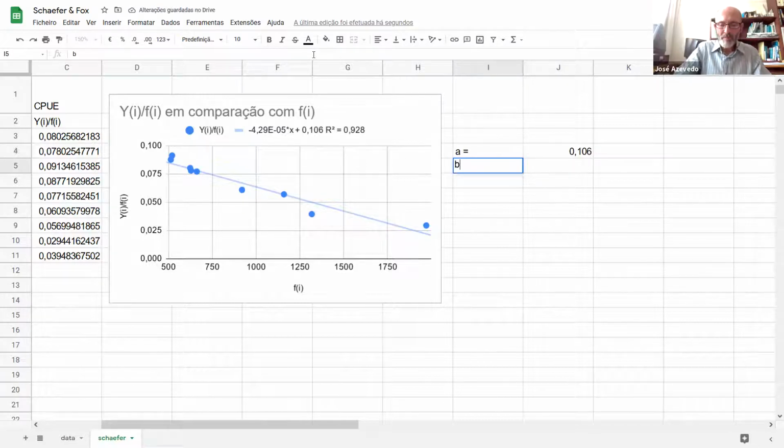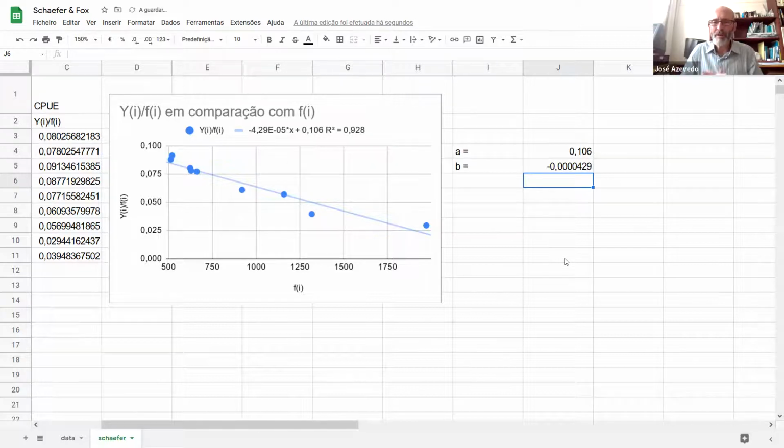Okay, and we also have B. And B is the slope of the line, and it's represented by minus 0.0001234 zeros 429. There you go. There's your A, there's your B.